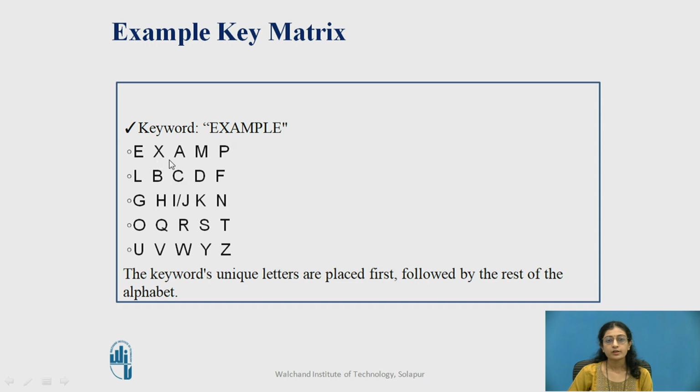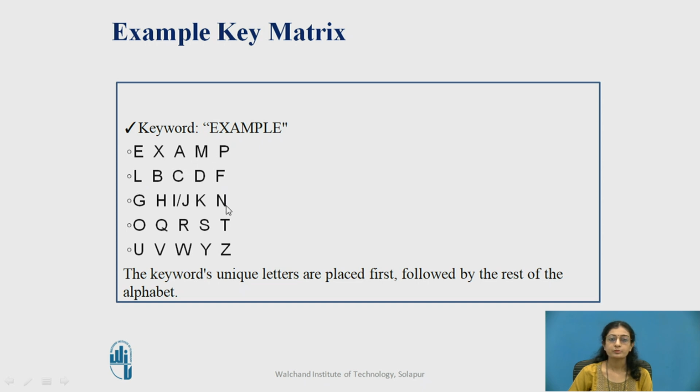Then after we have entered the letters of the keyword in the matrix, we will now fill the rest of the cells with the alphabets in order. As A is already covered, we will write B, C, D. Now E is already covered, so we will write F, G, H. I and J will take the same cell. Then K, after K, L is already placed and M is already placed in the matrix.